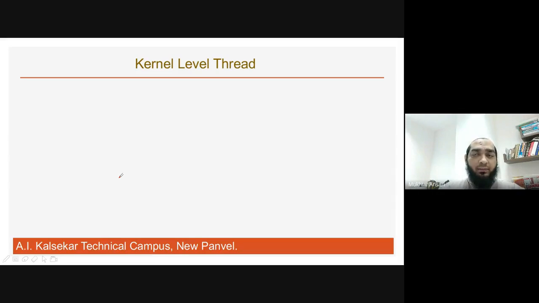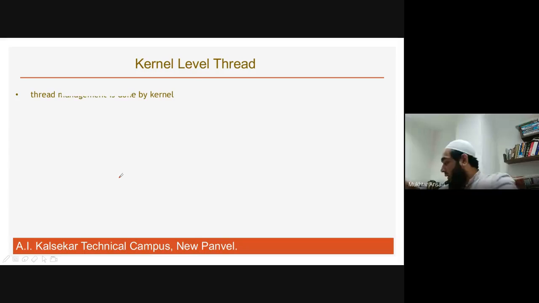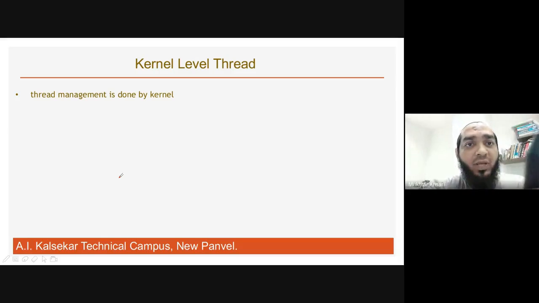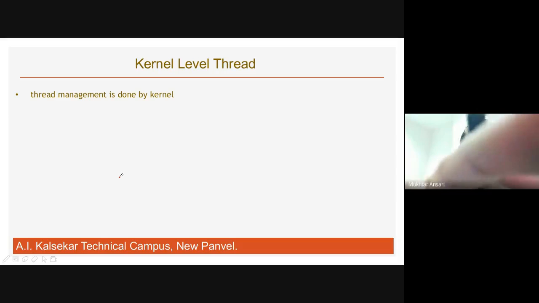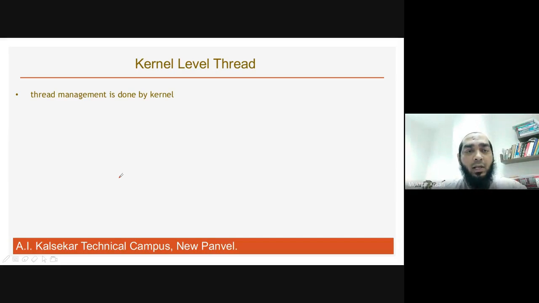Come to the second one, that is kernel level thread. I have a few points with me; I have not created the slide in full manner. Still, let us see. First of all, try to understand what kernel level threads are. Obviously, we have some kernel level applications.